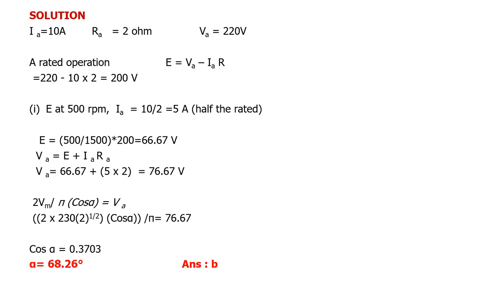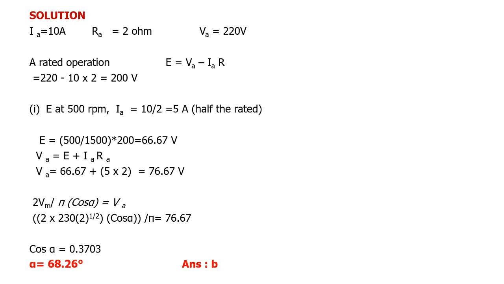For the solution, first you have to write the data of the given values: IA 10 amps, RA 2 ohm and VA 220 volt. For rated operation, you have to calculate E. The formula is E is equal to VA minus IA RA.